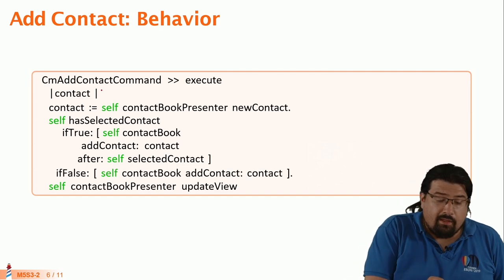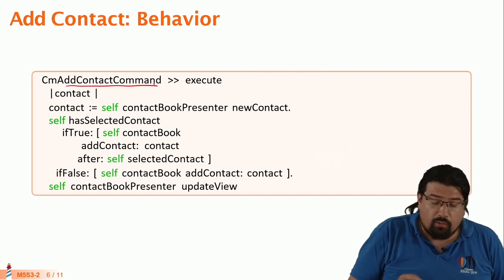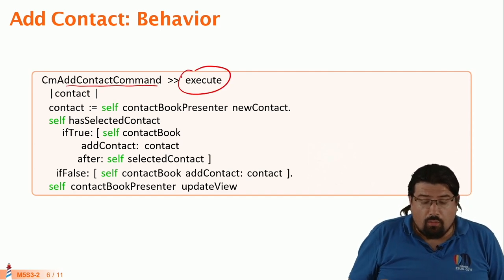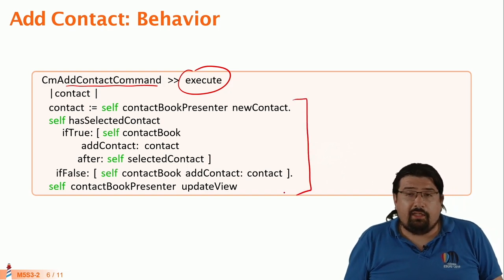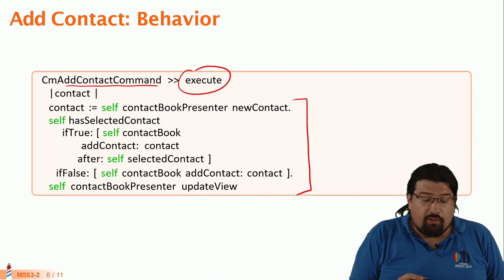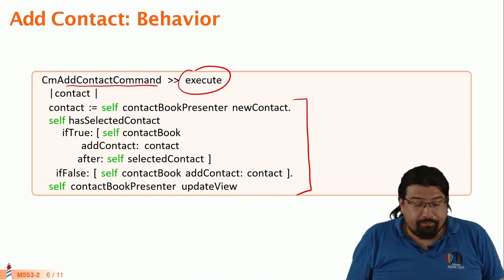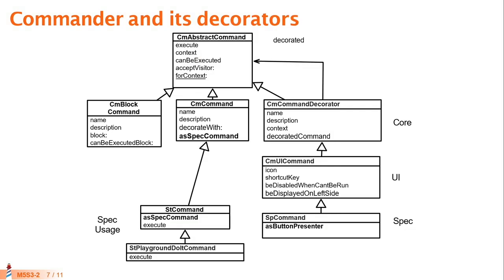As we can see, the add contact command will have its execute method, that is what it's doing, and it will perform the action on the target object, in this case on the contact book, on the phone book. One important thing about Commander is that we can extend it to have specific requirements for each of the commands. In this little example, we have commands that have been extended to be part of Spec.